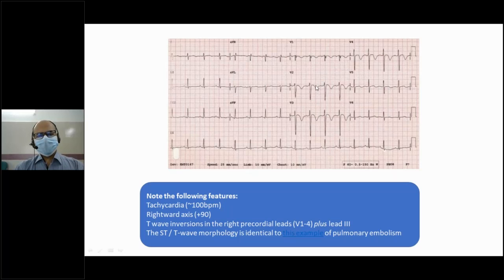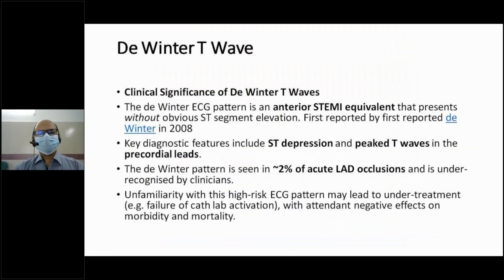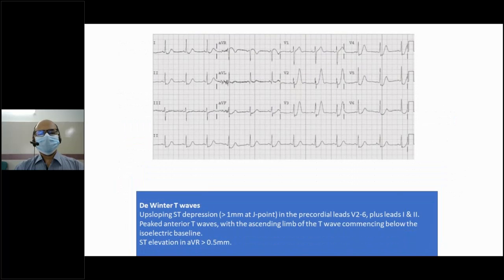So typical ST segment depression, T inversion, axis deviation. T wave inversion recorded in leads 1, 2, 3, 4. So this is the hyperacute T wave.